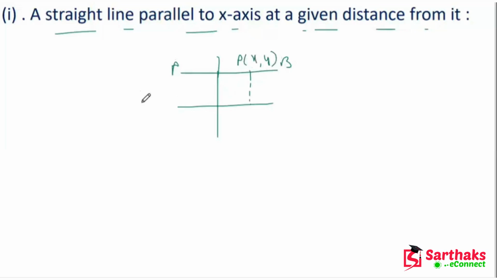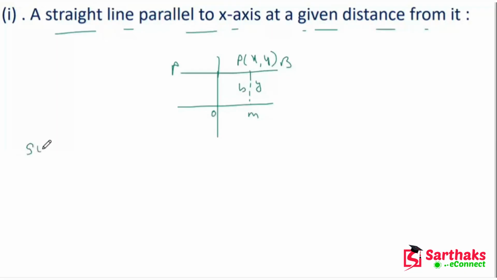So AB is a straight line parallel to the x-axis at a distance B from it. So draw PM perpendicular to the x-axis, then OM is equal to x. Now this is M, this is O, and MP is equal to y. So the straight line can be considered as the locus of a moving point P, x comma y, whose distance from the x-axis is equal to B for all positions of P.